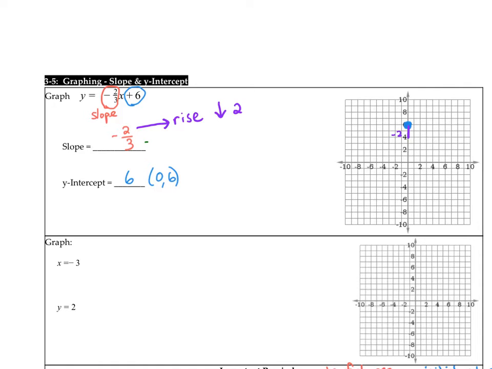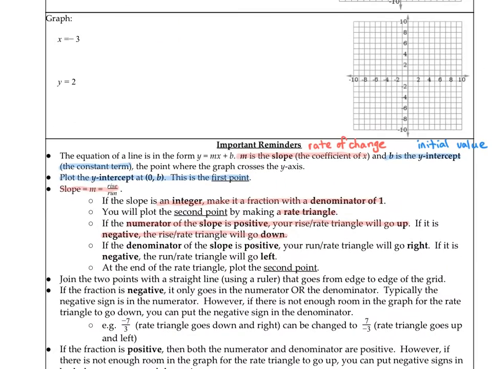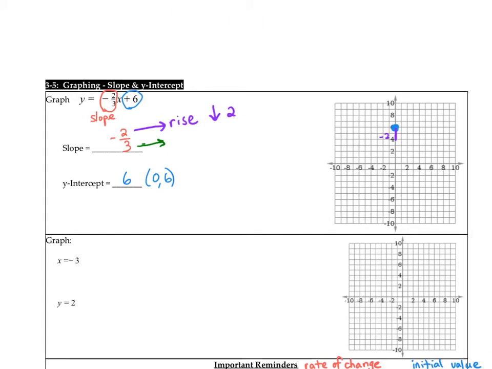And the denominator, if the denominator is positive, you're going to go to the right. If it's negative, you're going to go to the left. So over here, our run is the denominator, and it is 3, which is positive, so it's going to go to the right, 3.